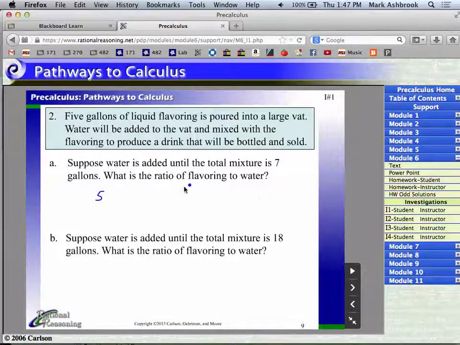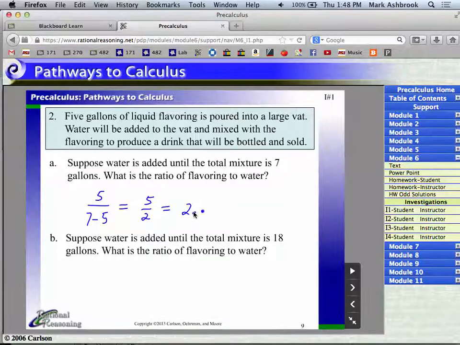And so then what's the ratio? So she said she took 5 gallons of flavoring divided by the amount of water, which would be the total minus the flavoring. And that would be 5 over 2. Agree with that? So you get this number 2.5.